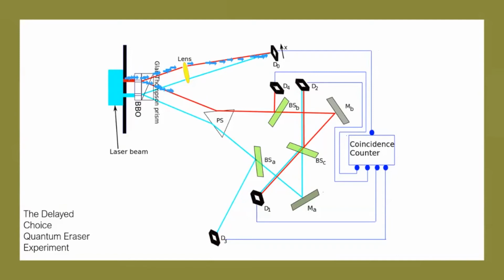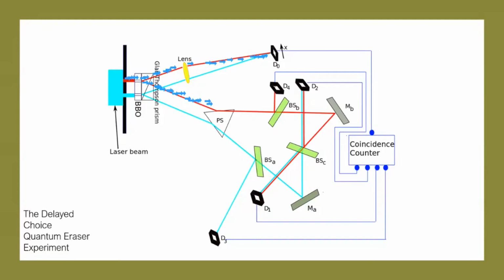Its entangled partner must always show the same spin. If the top entangled photon is a wave, then its twin has to be a wave. If the top entangled photon is a particle, then its twin entangled photon has to be a particle.